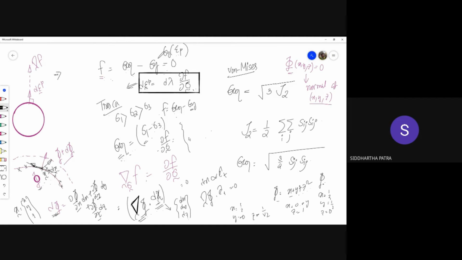So in the principal coordinate system, if I were to take the gradient of sigma equivalent, or for that matter the gradient of f, what would be the value? If I take the partial derivative of this expression with respect to sigma 1, what will it be? 1. With respect to sigma 2, 0. With respect to sigma 3, -1. Okay, so this gives you the direction.